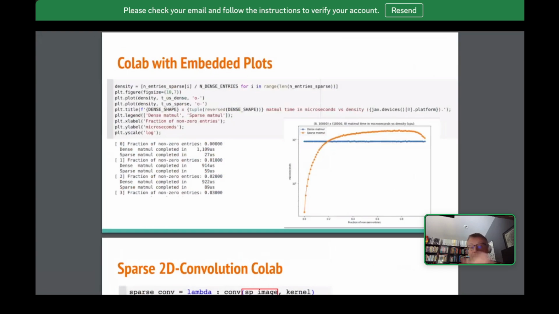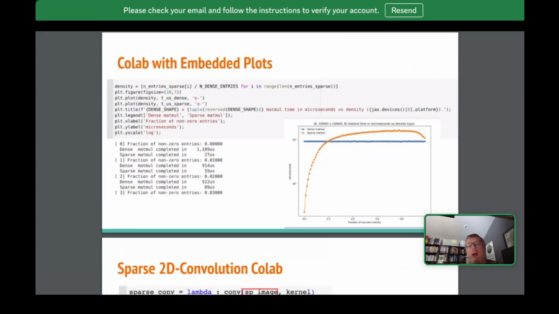So from left to right, it becomes denser. On the left-hand side, it's completely sparse. On the right-hand side, it's completely dense. And it shows runtime, so lower is better. And you see the blue line is just dense multiplication. Dense multiplication is completely agnostic to whether there are zeros or not. The performance is constant.